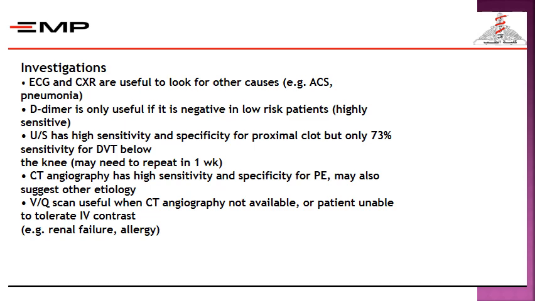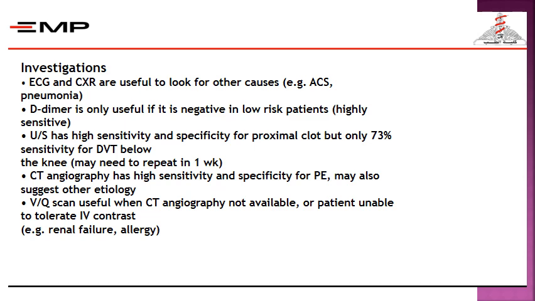If negative in a low risk patient, you can rule out pulmonary embolism. Ultrasound or Doppler has high sensitivity and specificity for proximal clot, but only 73% sensitivity for DVT below the knee. So you have to repeat it if you are still suspecting a DVT.